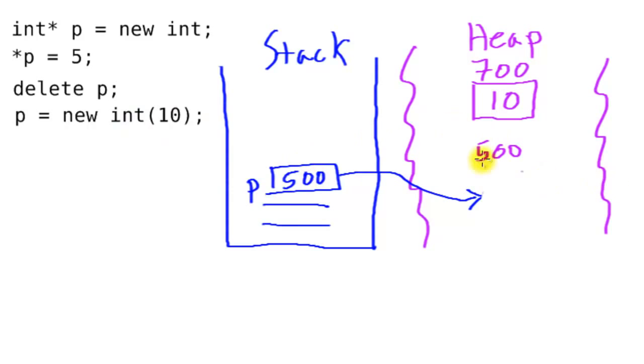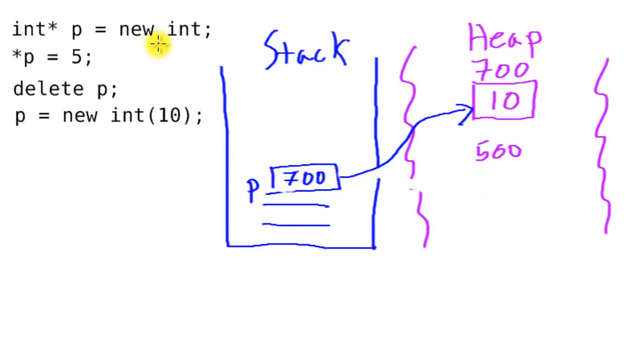So we'll have the value of 700 stored here. So let me go in and update the address here. So we have the address 700. And so we'll have our pointer now pointing to that new memory location. So we'll have this now pointing here. So that's basically what's going on.